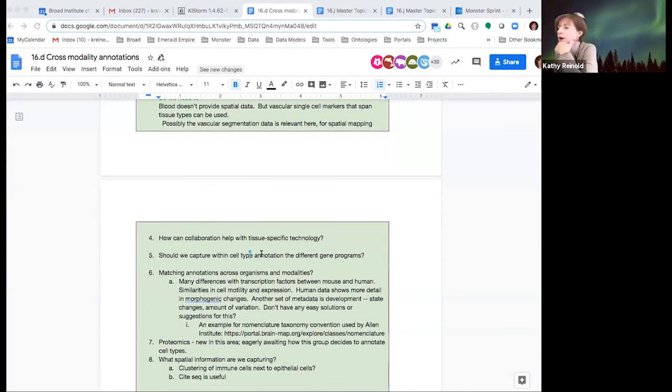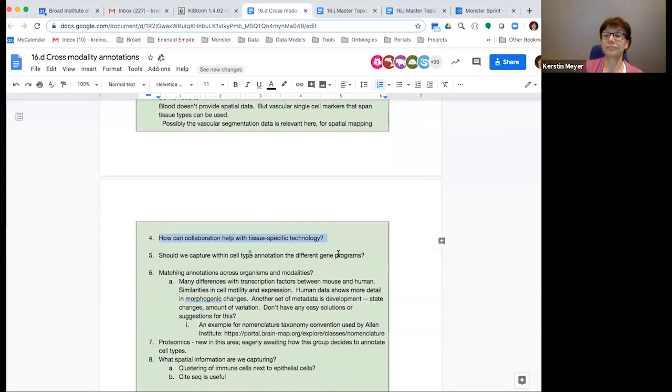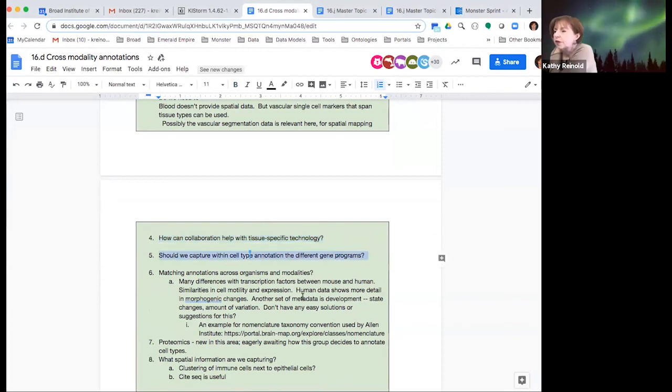What about these other topics? What about collaboration helping with tissue-specific technology? I'm not sure I captured what that discussion was getting back to. Is there any action there? Item 5, was there any action around this?